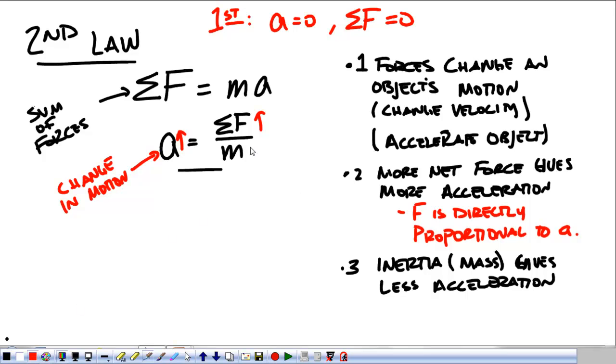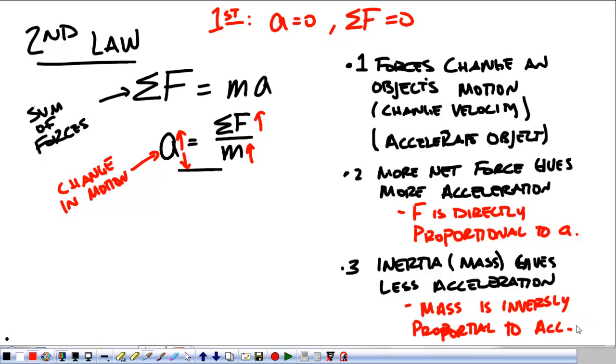So here, if the mass goes up, then the acceleration is going to decrease with the same amount of force. The way we say that is mass, or inertia, is inversely proportional to acceleration.